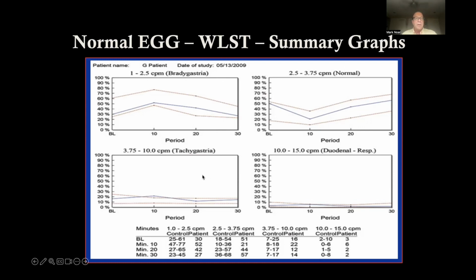And then finally, what we used to call tachygastria, we actually know now that these are re-entry rhythms that begin in the absence of the normal 3 cycle per minute pacing, that they take over as pacemakers, and again are seen dominant only when there is an absence of 3 cycle per minute activity.